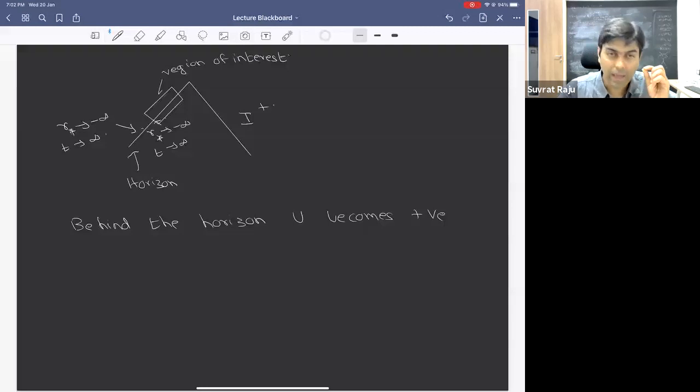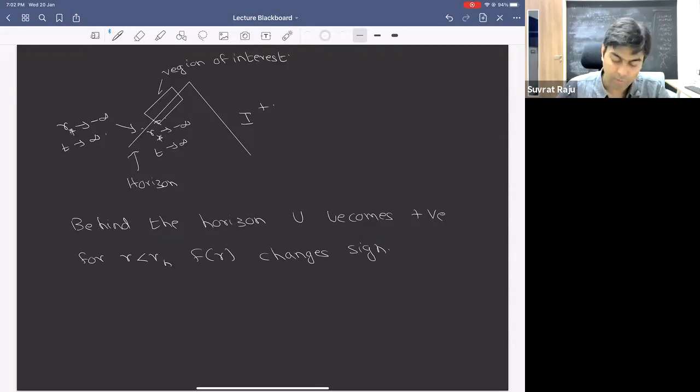But there is something interesting that happens in these Schwarzschild coordinates as you cross the horizon, and that is that for r smaller than rh, f of r changes sign. That's clear because f of r was going to 0 smoothly as r goes to rh, and so for r smaller than rh, f of r changes sign.